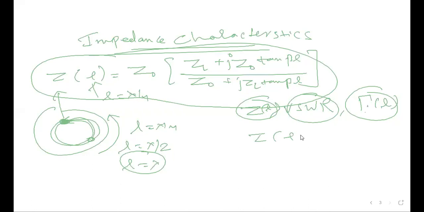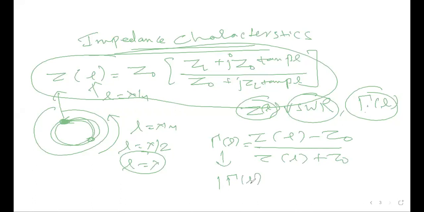Z of L minus ZO upon Z of L plus ZO will give you gamma, the reflection coefficient at any point. From that you can get the magnitude of the reflection coefficient. Once you get the magnitude, we have VSWR, so you can get the VSWR.